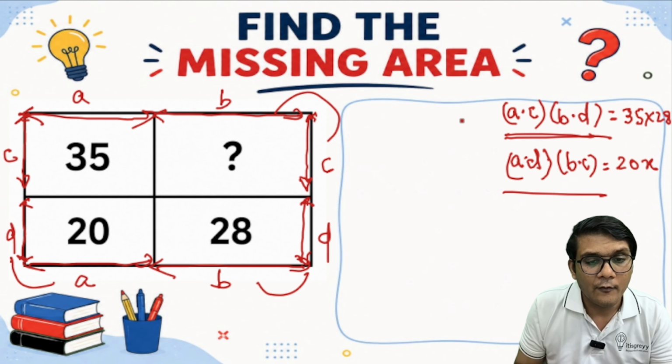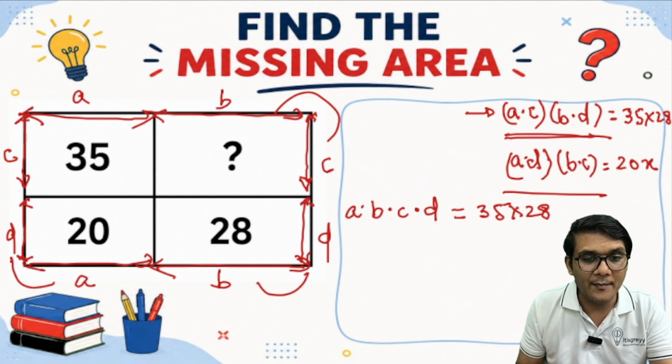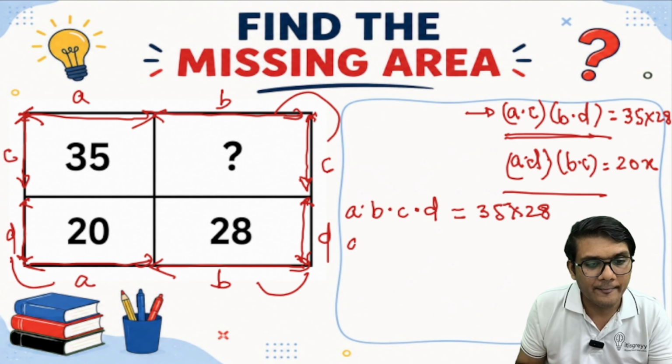Therefore, from this equation we get A into B into C into D is nothing but 35 into 28. At the same time, from the lower equation we get A into B into C into D is equal to 20 into x.